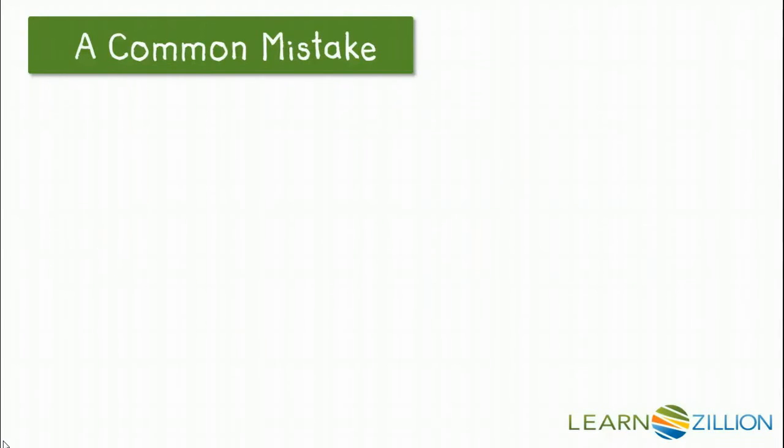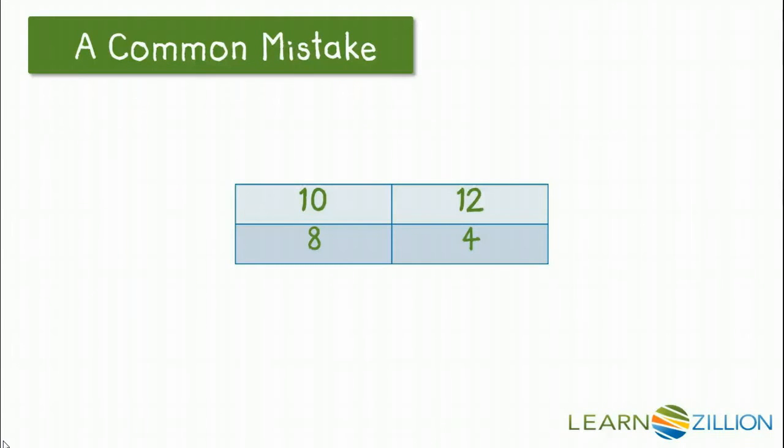A common mistake when looking at two-way tables is realizing when you want to find out the total number of people that were surveyed or the total number of items that were represented, you can take the total of each row or you can take the total of each column.